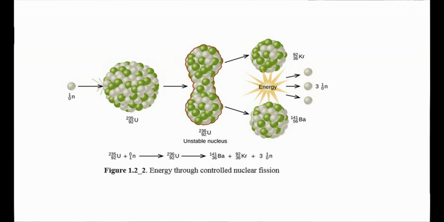What it meant is that 3 neutrons are now getting released, and these 3 can in turn strike 3 more uranium nuclei, and so you will have a continuous multiplication of the number. And that is what a chain reaction is.